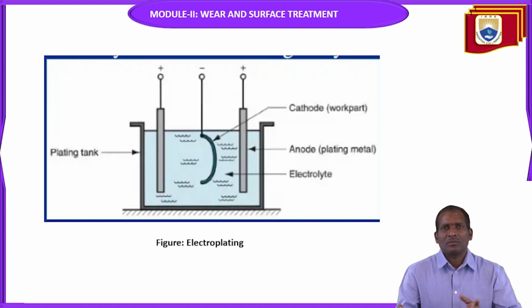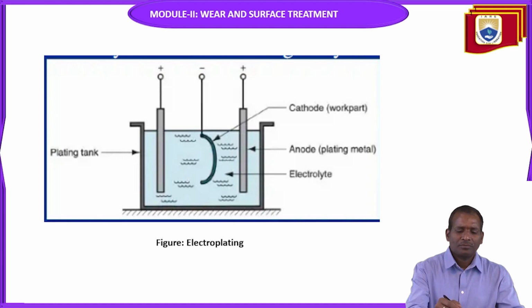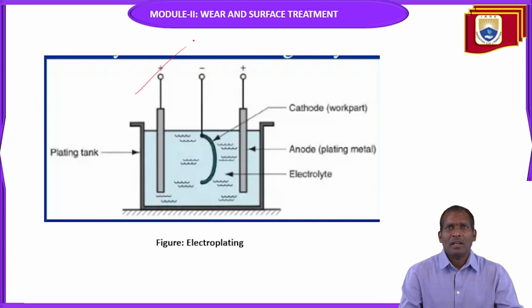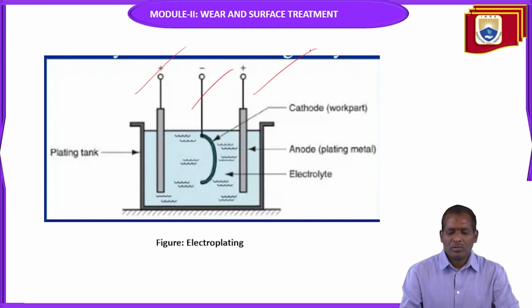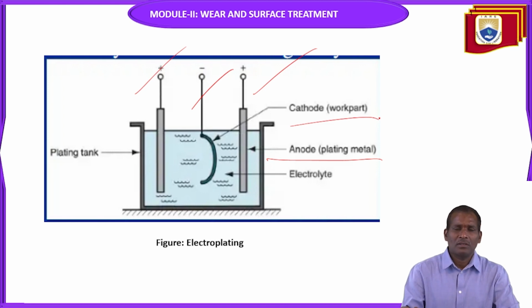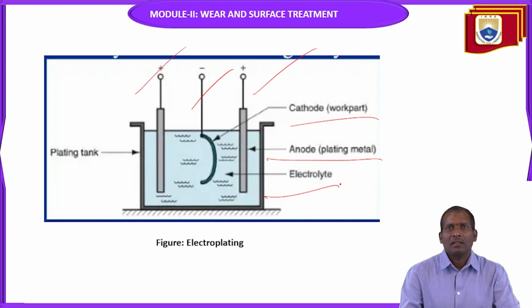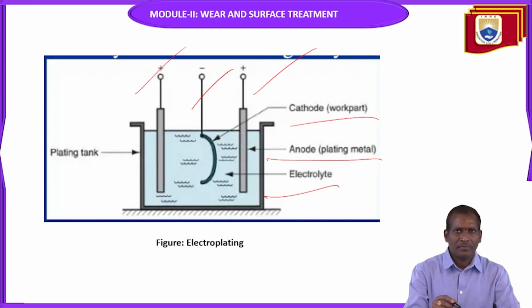Here is the diagram showing the anode and cathode. The cathode is negative and the anode is positive. The anode is the plating metal and the cathode is the work part. The anode, the cathode and the work part are dipped into the tank, which is called the electrolyte tank, or plating tank.